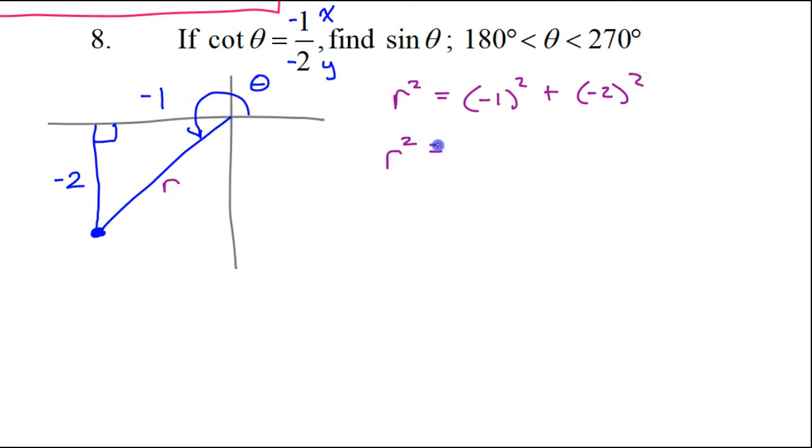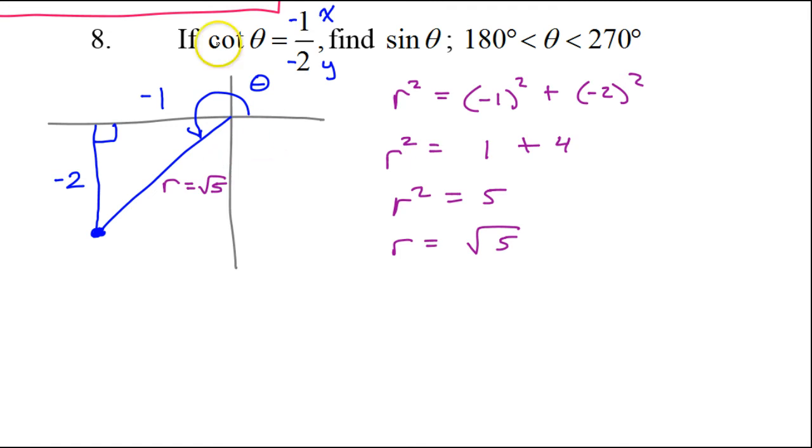So that means r squared is equal to 1 plus 4. R squared is equal to 5. R is equal to the square root of 5. Normally I would say plus or minus, but the radius is always considered to be positive. So I'm just going to say radical 5. So the hypotenuse or radius is radical 5.